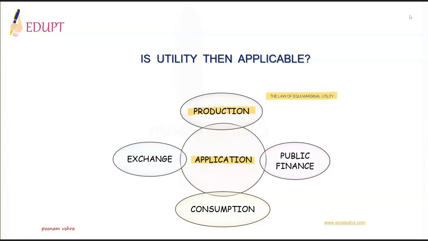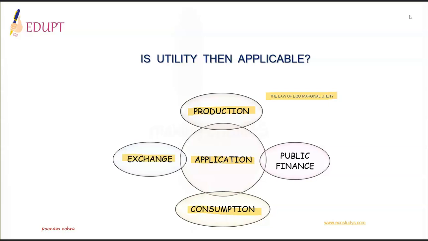This law is applicable in consumption also. A rational consumer tries to get maximum satisfaction when he spends limited resources. He tries to equalize marginal utility of all the things. This law is used in the field of exchange.